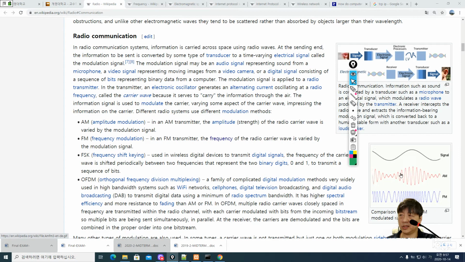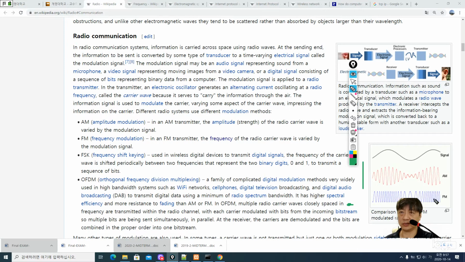AM uses what we call amplitude, the height, whereas with FM the wavelength is alternating.